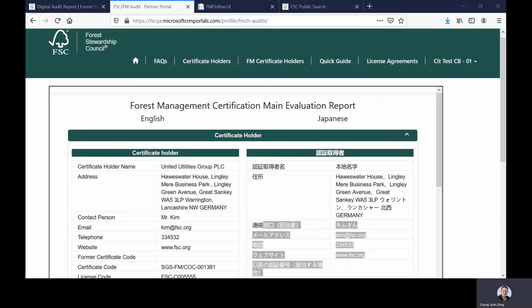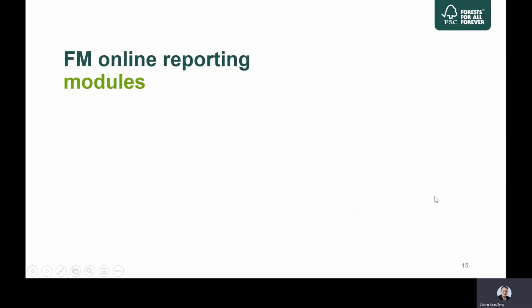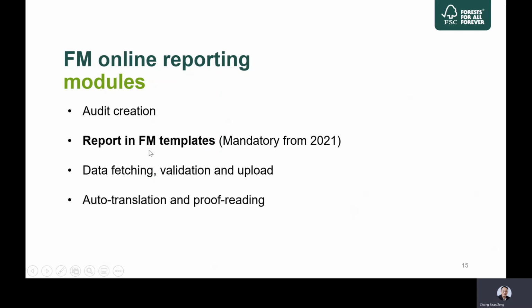So I've shown you all the details of the whole modules of FM online reporting, including audit creation, report writing, data fetching, validation, upload, AI auto translation and proofreading, also errata submission.